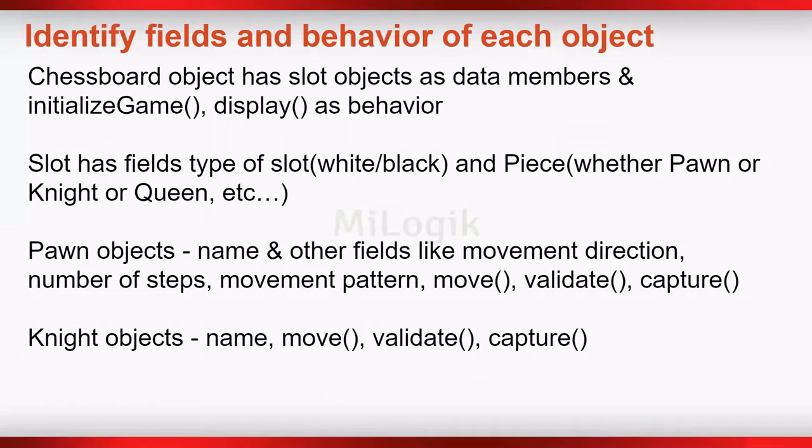First, you need to initialize the game. That means you need to place all the pieces in the initial position. That is one behavior which is required. The other is display. That means you should be in a position to display all the pieces and their positions at any time during the game.